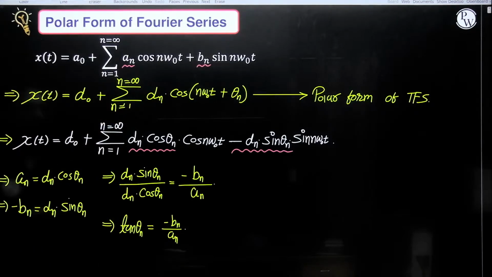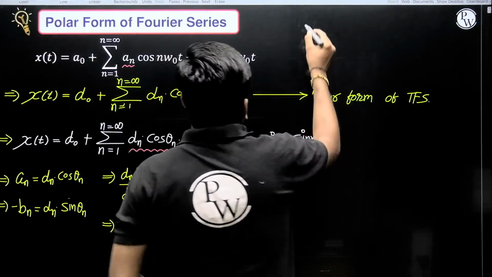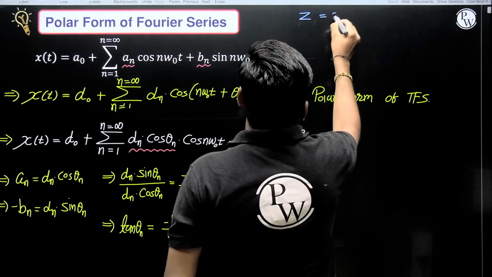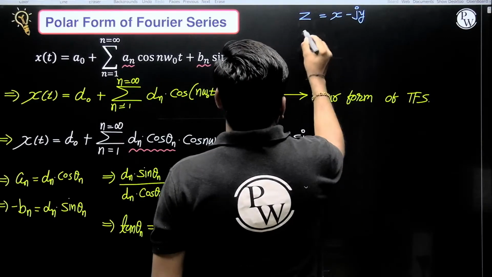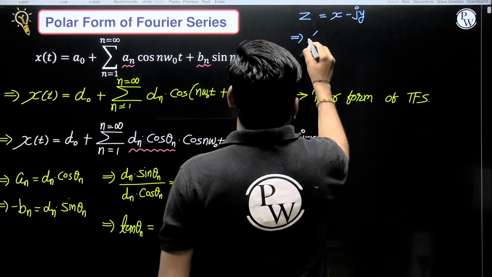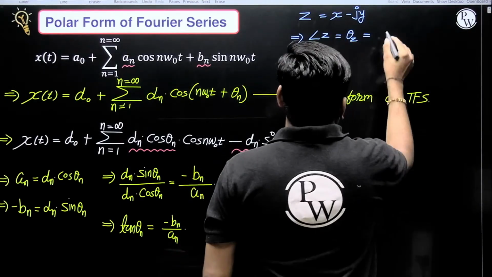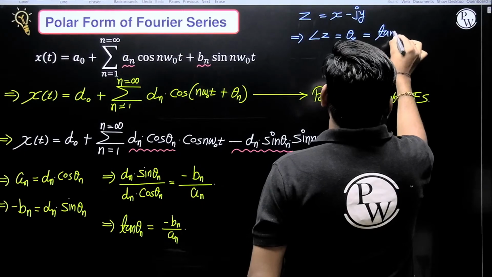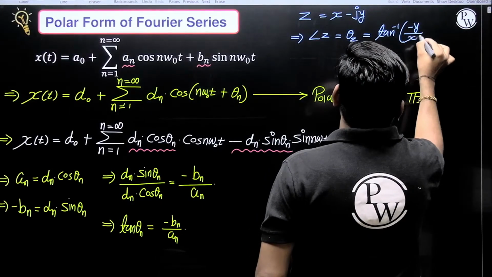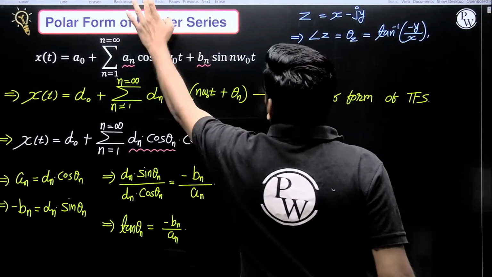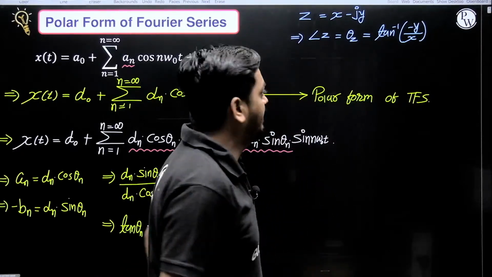Now we know that in a complex number, suppose z is equal to x minus jy, then the angle of z is nothing but what? Tan inverse of imaginary part, minus y, upon x guys. Tan inverse imaginary part upon the real part, correct.